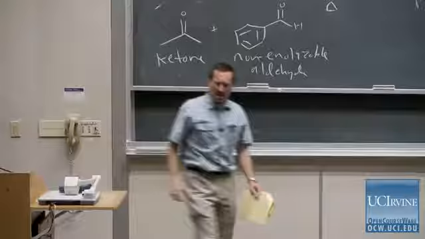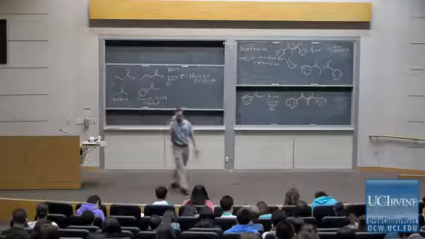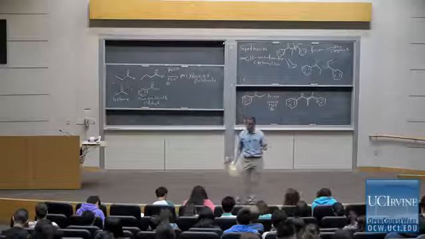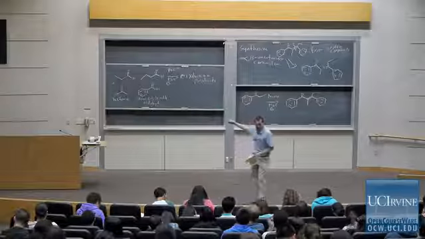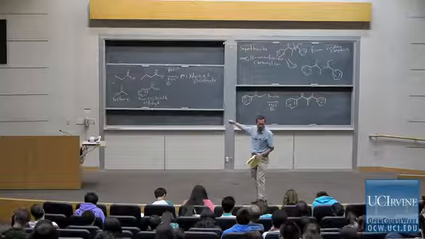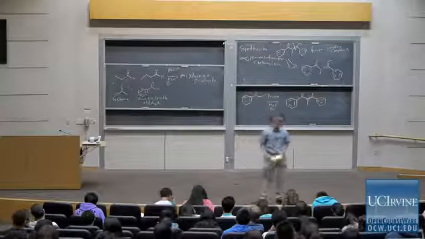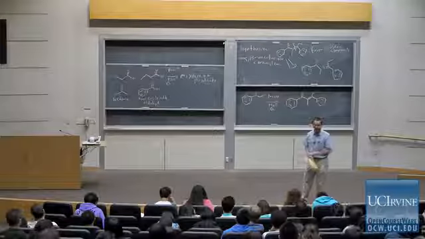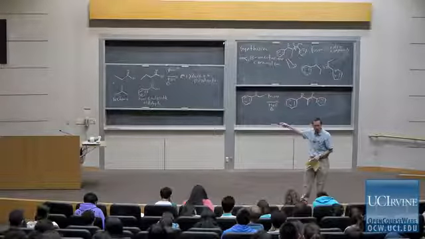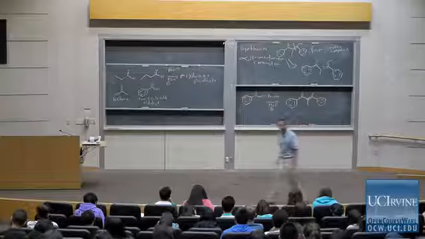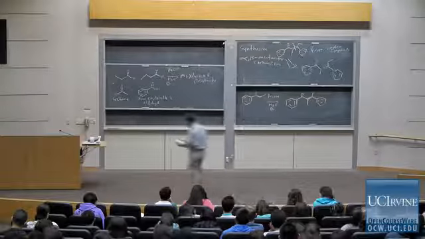See, the thing that's special about aldehydes is they're more electrophilic than ketones. So there's only one species in that mixture that can generate an enolate because benzaldehyde can't generate an enolate, it doesn't have any alpha protons. And although there are two electrophiles, a ketone and an aldehyde, the aldehyde is the better electrophile.